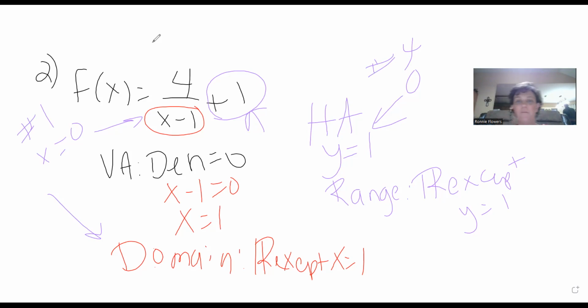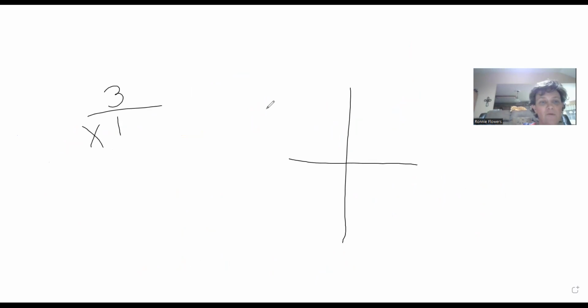We're going to actually graph some. All right, so let me show you how that works. Let me first of all get some straight lines here for our graphing on this thing. Okay, somewhat straight lines. Okay, the equation is 3 over x plus 1, minus 2. Okay, so let's talk about the horizontal and vertical asymptotes.